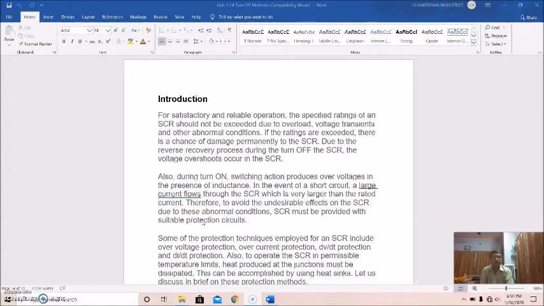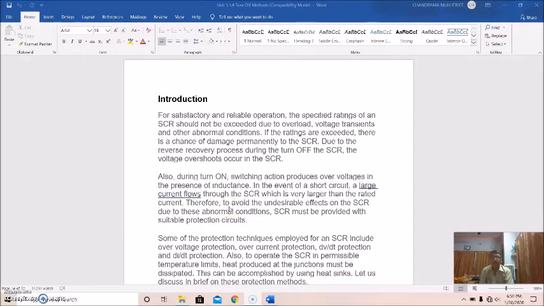So if ratings are exceeded, there is definitely a chance of permanent damage to the SCR. Due to the reverse recovery process during the turn off of the SCR, voltage overshoots occur in the SCR. That should be taken into mind before selecting a particular SCR for any particular operation.